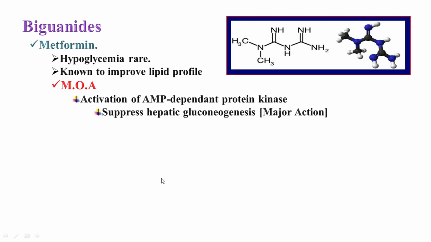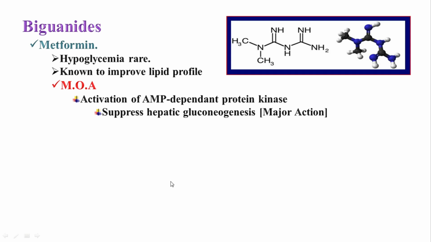Now, AMP dependent protein kinases are enzymes that can activate a lot of other enzymes, and it's kind of a mediator. It activates other enzymes which do the following things.